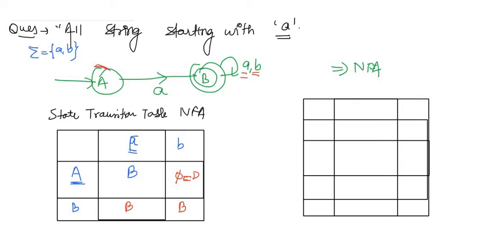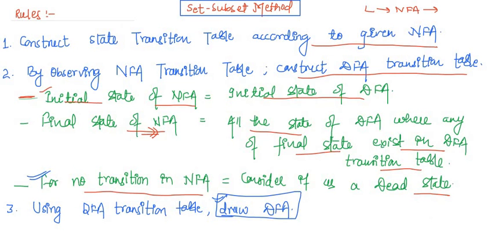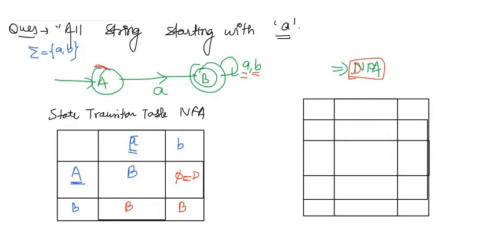Now the state transition table for our DFA. So again we will write what we discussed. We discussed that we will take the initial state of NFA as the initial state of DFA. So the initial state of NFA will be the initial state of DFA, and the alphabets will remain the same for both NFA and DFA.